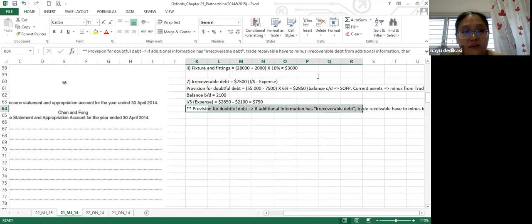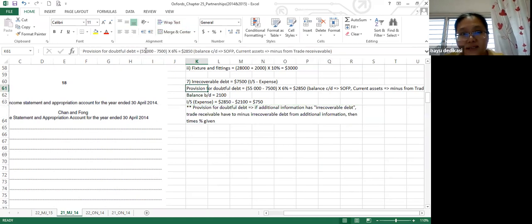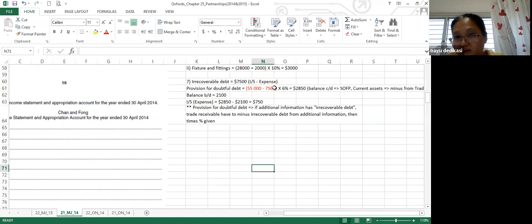the irrecoverable debt. If you have additional information from the question, you take note of your adjustment to be made. Your adjustment must take the trade receivable minus the additional information amount times the percentage.